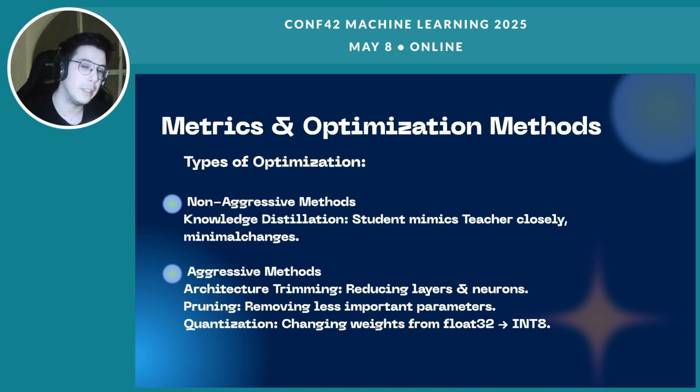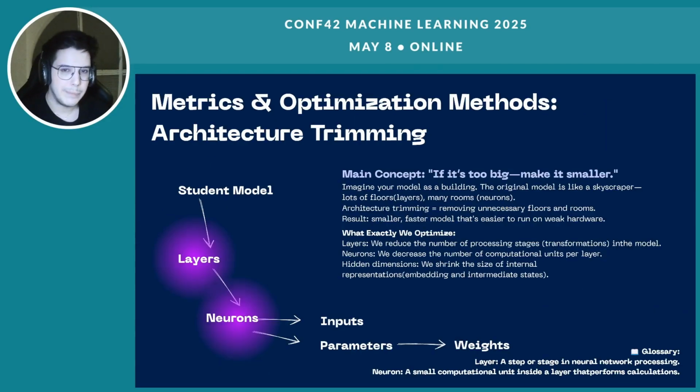Aggressive methods, as you may guess, are those methods that will interfere with the model architecture, layer count and such. There are three of them. Architecture trimming, which is all about reducing layer and neuron counts. Pruning, removing less important parameters and weights. And quantization, basically changing the precision of the weights from float 32 to the integer 8 standard.